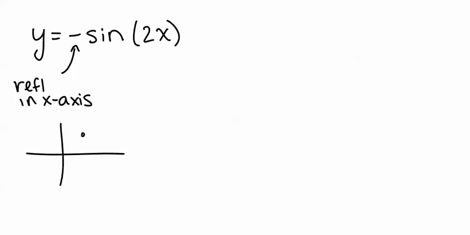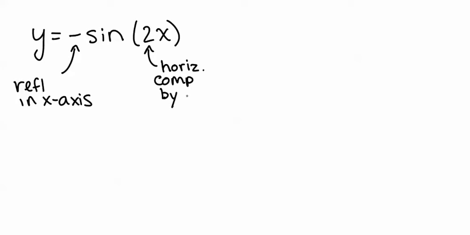So if I normally have a y value up here, a reflection in the x-axis is going to make that y value down here. So if my y value was 2, now it's going to be -2. And then this 2, that's our k value, so that's going to be a horizontal compression by a factor of a half, 1 over k.